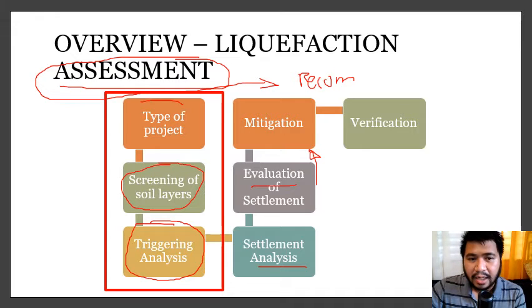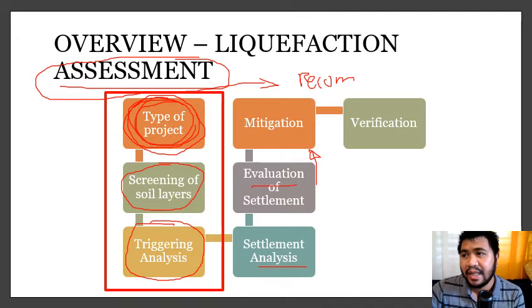And even before that, you have to determine whether the project actually needs a liquefaction analysis. That can usually be determined from the standard that you're using. In the Philippines, liquefaction analysis for building structures, bridges, and dams, I believe, is required.